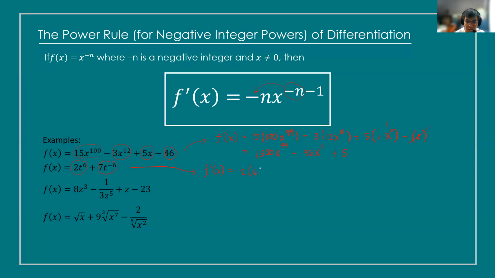That would be 6t to the power of 5, plus 7 times, notice that we have a negative exponent, negative 6. So it's still the same as any power rule of differentiation. Even though your exponent is negative, the same rule applies.